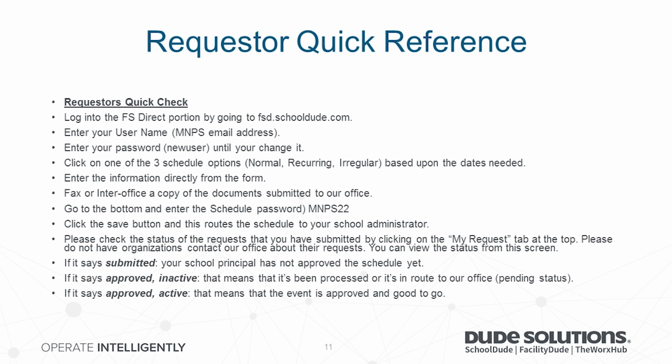The yellow, it says approved inactive. The first approved is letting me know that the school principal or school administrator has approved it, so now it's in our work queue to get it processed. It's still inactive because we're verifying the insurance. We're making sure they are a nonprofit, et cetera.